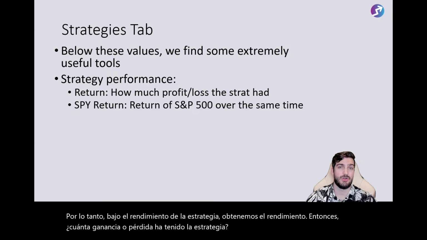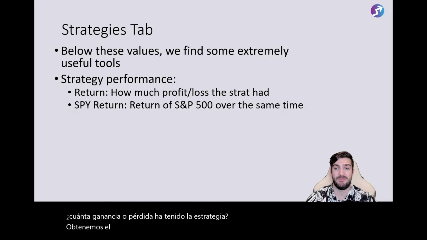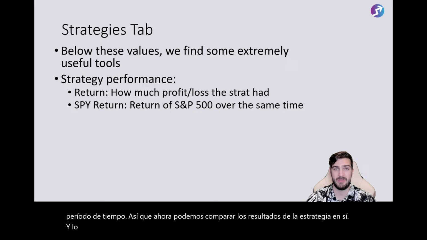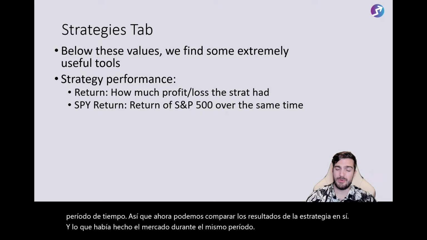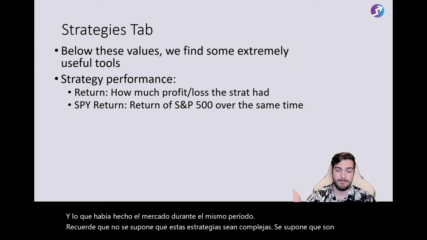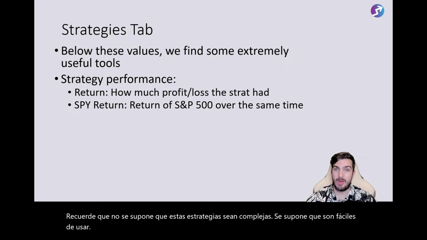We get the return of the benchmark, the S&P 500 ETF SPY, over that same period of time. So now we can compare the results of the strategy itself and what the market had done over the same period. Remember, these strategies are not supposed to be complex. They're supposed to be simple to use, but we still want them to be profitable.